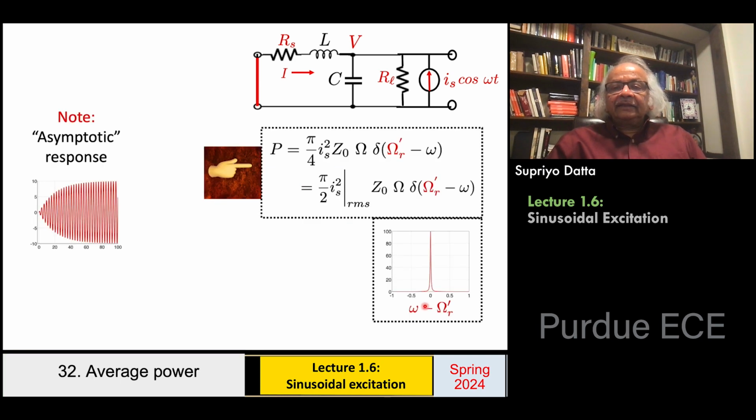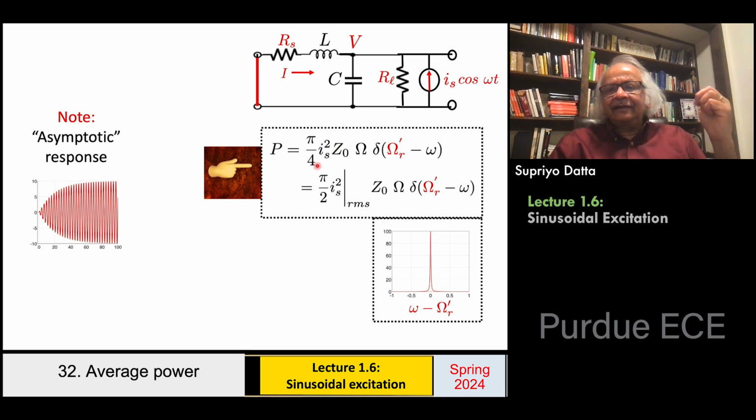And so that leads us to this final result, which is that the time averaged power is this delta function that looks like this, with a factor in front that tells you the strength of the delta function. I should mention that the way I'm writing IS, it's the peak value of the source term. Sometimes people talk in terms of the RMS value, which is 1 over square root of 2 of the peak value.